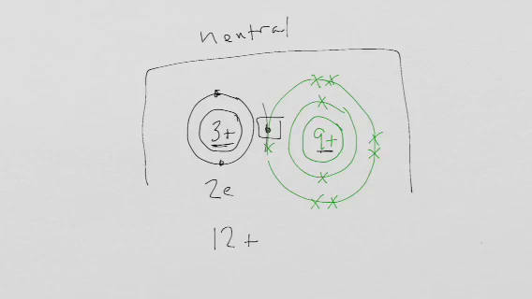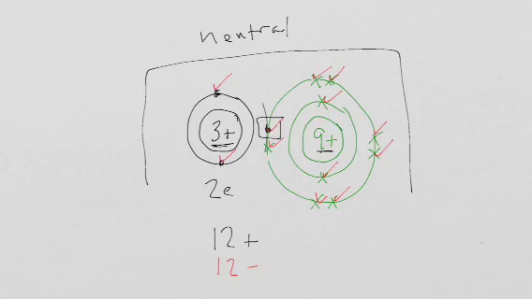And if we count our electrons, we will also have 12. 1, 2, 3, 4, 5, 6, 7, 8, 9, 11, 12. It also has 12 electrons. So this is a form of ionic bonding.